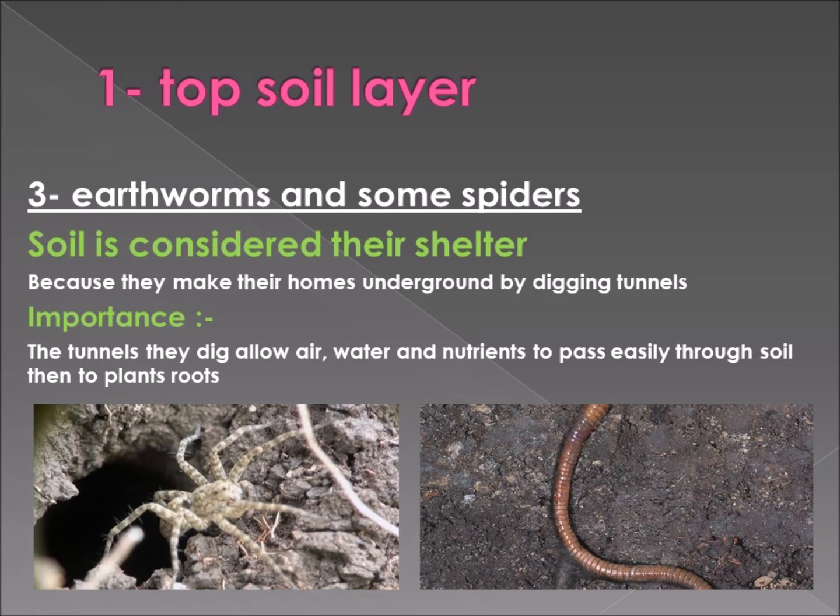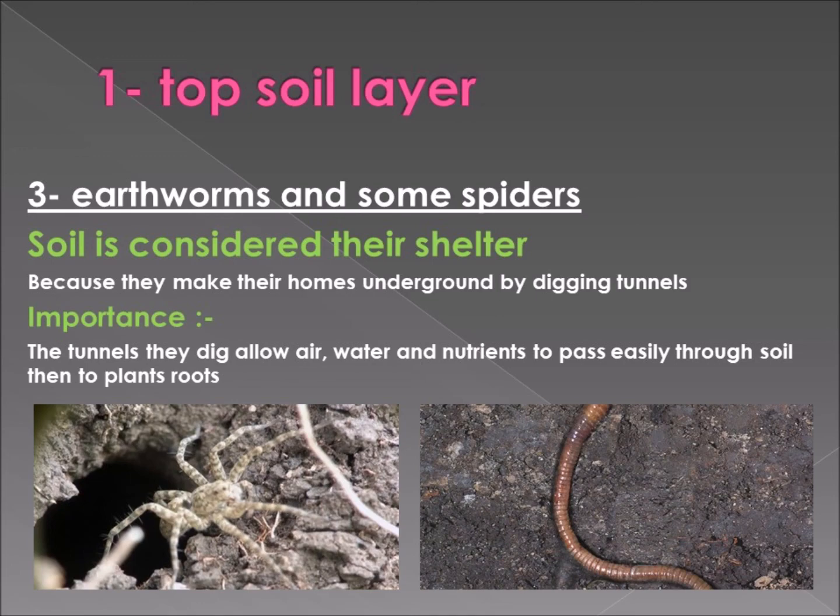Okay, so let's repeat it again. Earthworm and spiders consider the soil its shelter because they dig tunnels inside the soil. What is the importance of this tunnel? It allows air, water, and nutrients to pass easily through the soil.